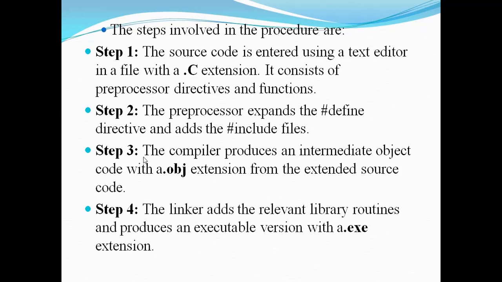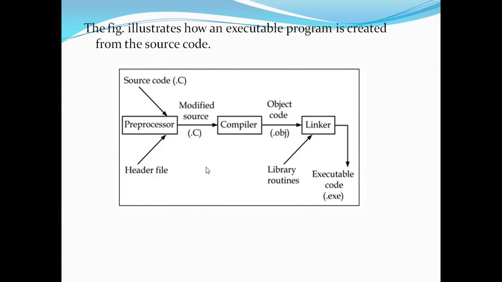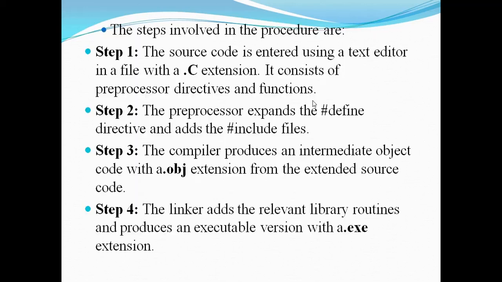In step 3, the compiler produces an intermediate object code with a .obj extension. Object code is called intermediate code, and .obj is the extension for the object file.